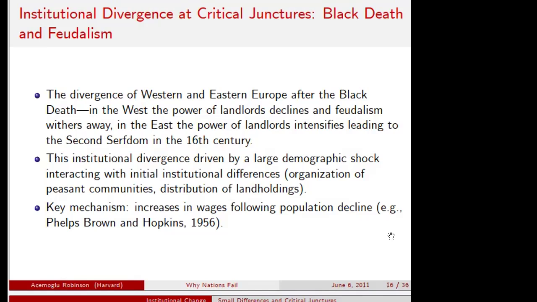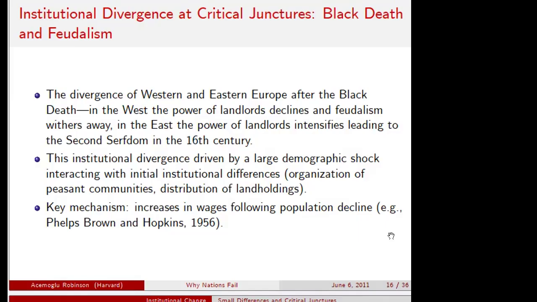So the question is, why the same shock but opposite outcomes? The answer is that the pre-existing institutional differences meant the shock played out very differently in different playgrounds.